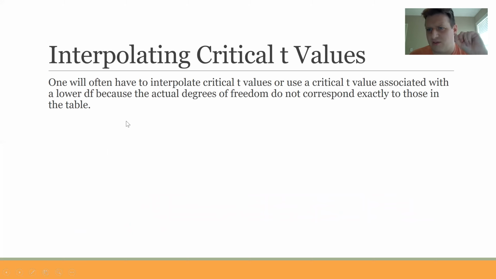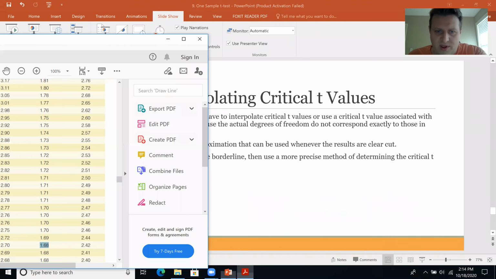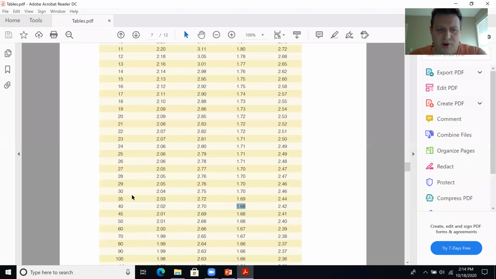One more thing that we need to talk about before we end this lecture, well, two more things: confidence intervals and what happens when you have a degrees of freedom that isn't on the table. So what happens when we look at our table and we have like 31 degrees of freedom? There's a couple things that you can do.